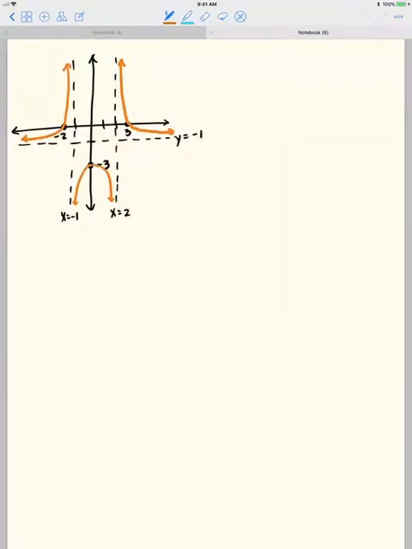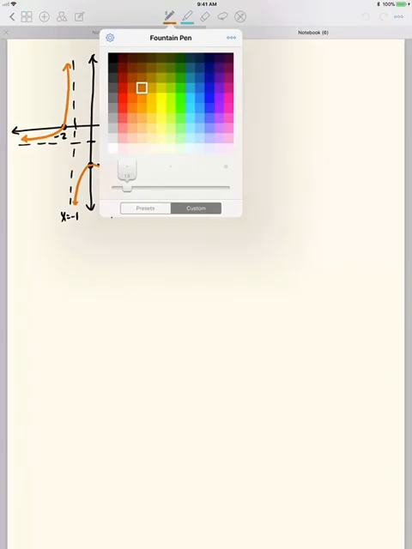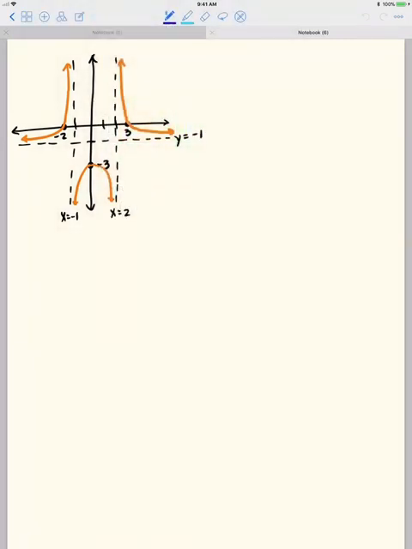Okay, here's one more. It's a little bit more detailed, but again, you're still pulling the information from this function. So vertical asymptotes are at -1 and +2. So that's where the denominator is going to be 0.